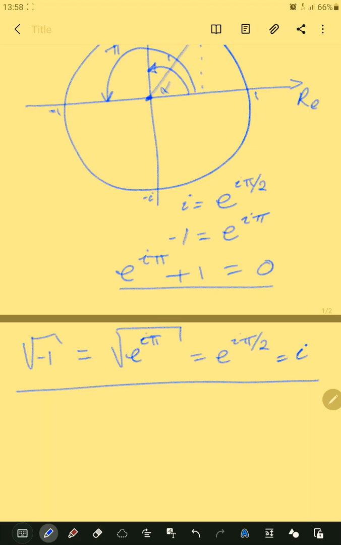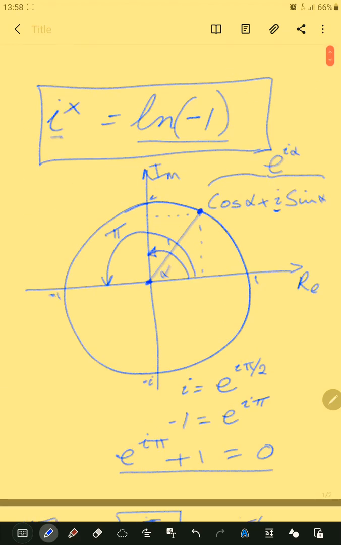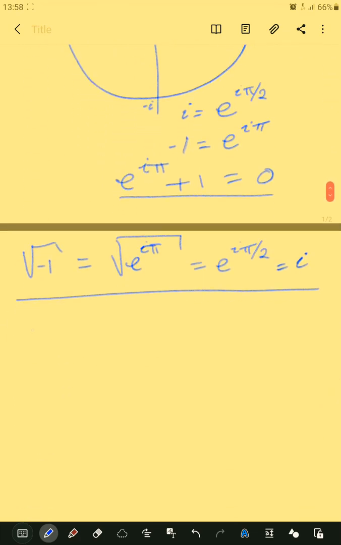Well, let's write our problem down again. So it's i to the x equals the natural logarithm of -1. Now, a lot of this involves the substitution of these two expressions here. So we can start with the right hand side.